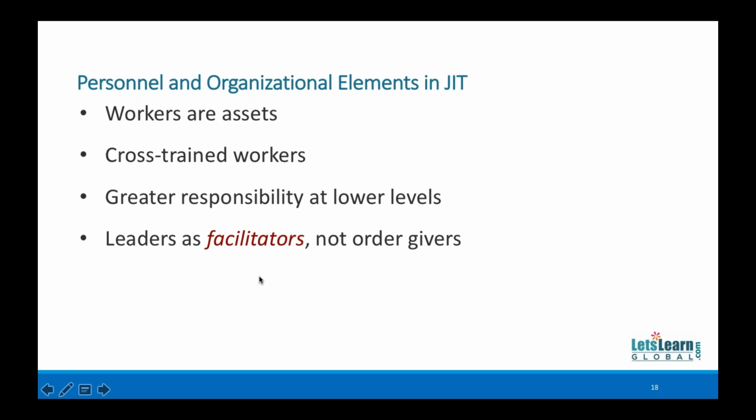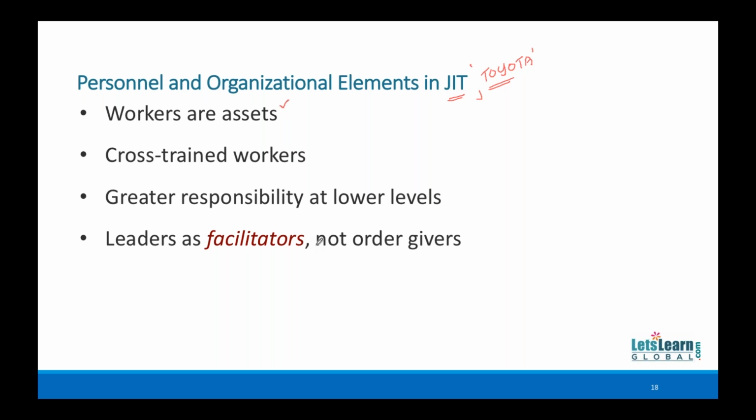Especially the workforce in a JIT environment is given very much importance. JIT was first introduced in Toyota automobiles. If you see Toyota, labor turnover is very low as compared to other companies. Why? Because JIT implemented companies treat workers as assets, because most of the activities are carried out by them.